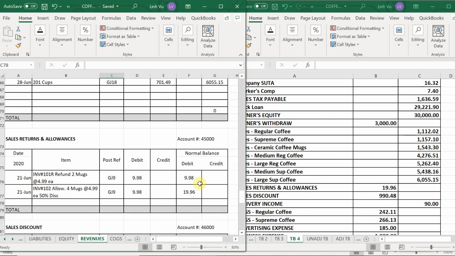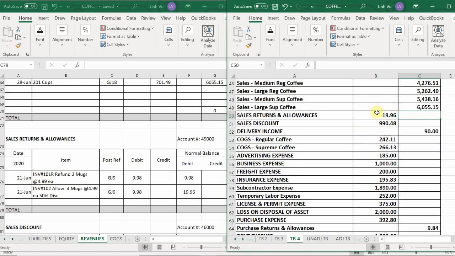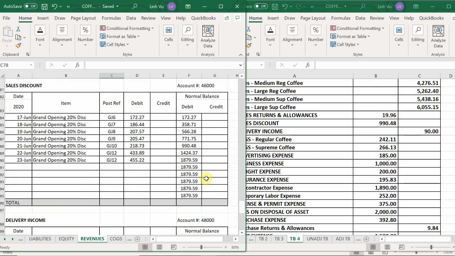Here, sales returns and allowances was still 1996. Okay. Sales discount is, let's see, still, oh, nope, it's changed.